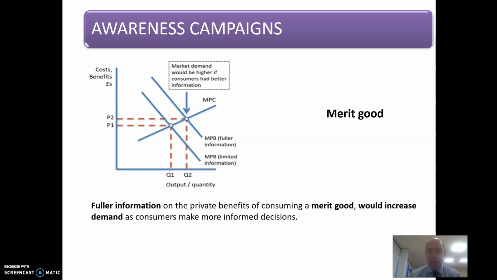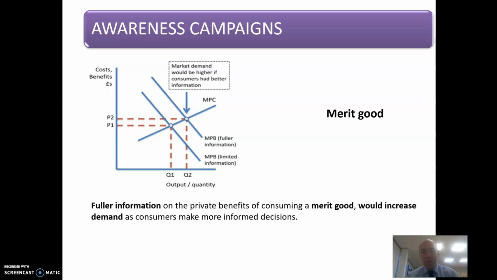On the other hand, with a merit good, again you've got an upward sloping supply curve, marginal private cost. Your initial demand curve this time is the marginal private benefit curve with limited information, and your new demand curve is D2, which is your marginal private benefit curve with fuller information.